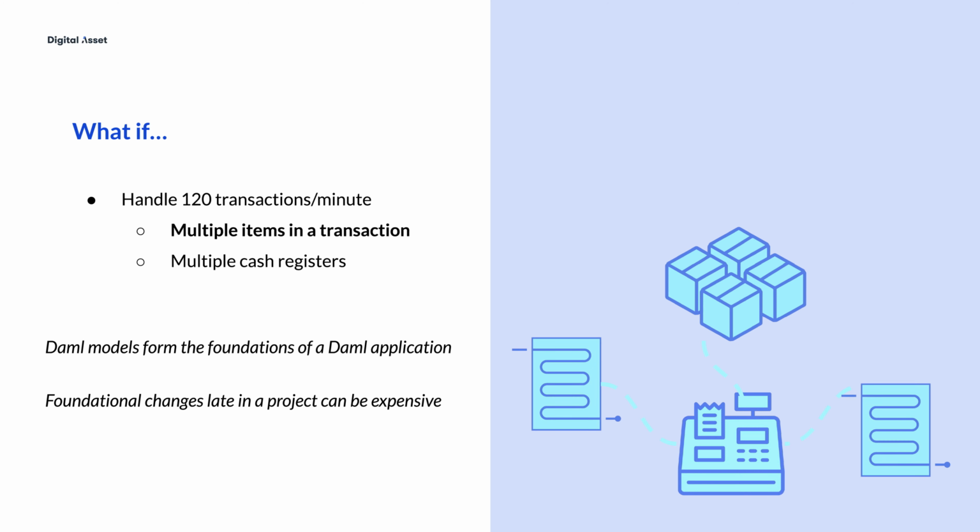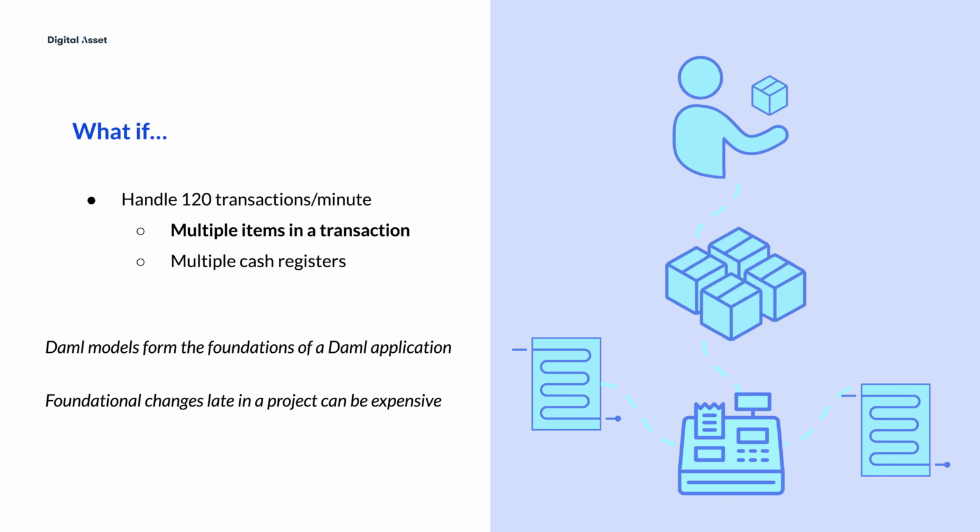Daml models form the foundations of a Daml application, and foundational changes late in a project can be expensive. The assumption of a single register quickly becomes embedded in other workflows, like end-of-day closeout procedures or real-time balance reporting. Once this assumption is there, changing it may require substantial changes to these other workflows.